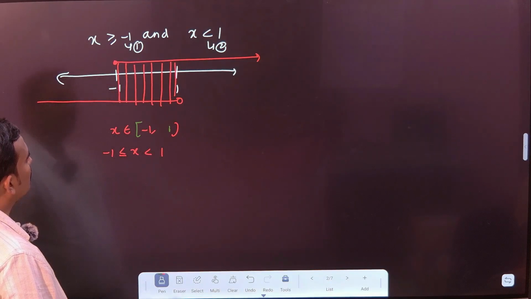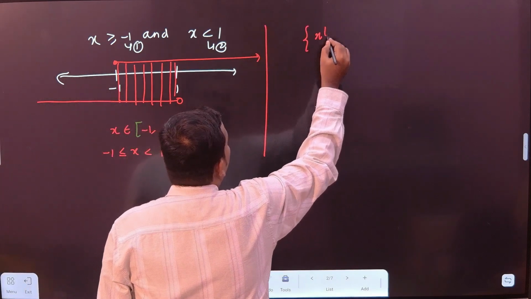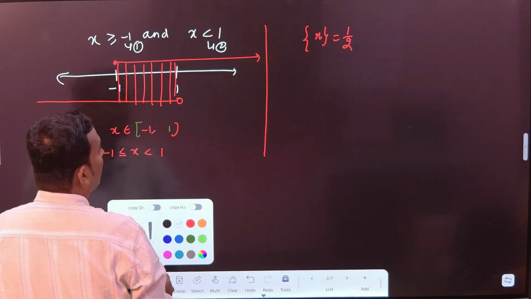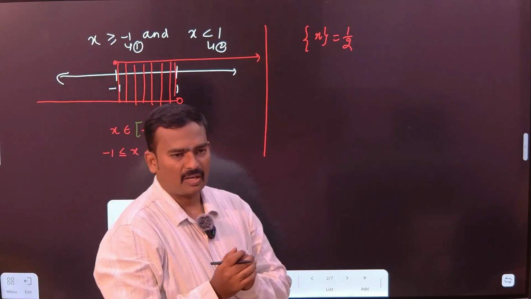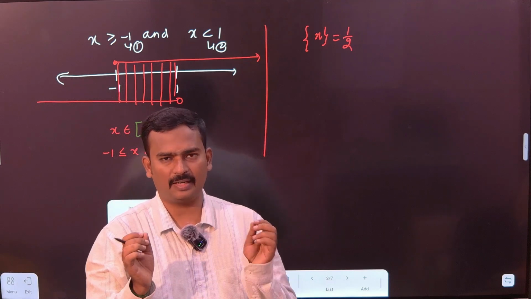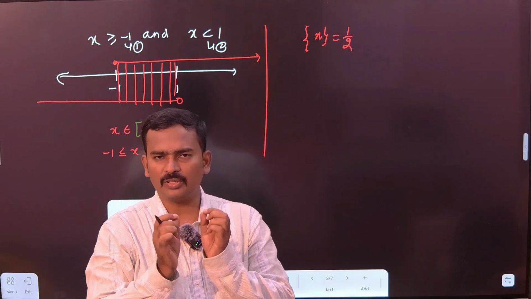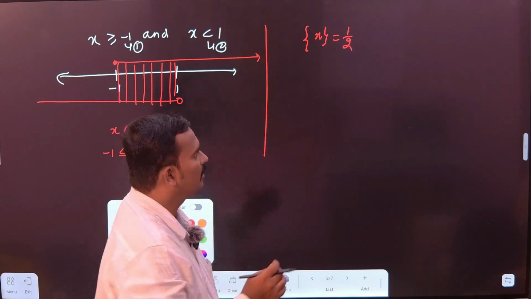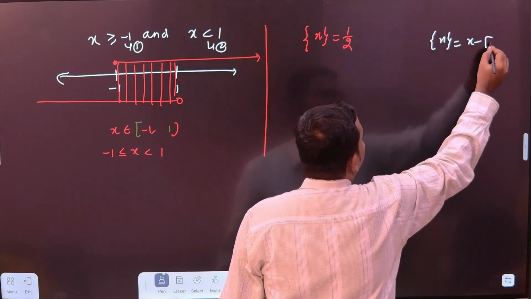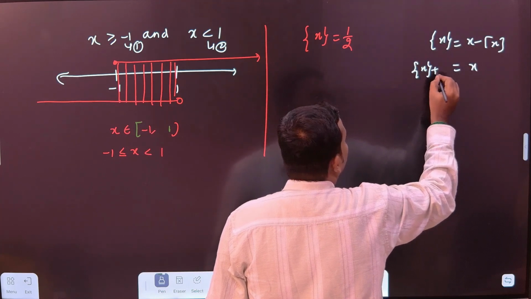Let me take the second one. The fractional part function is equal to 1 by 2, right? Okay. So you already know how to define the fractional part function: x minus the greatest integer function. Therefore x is the greatest integer plus the fractional part. x may be any real number.